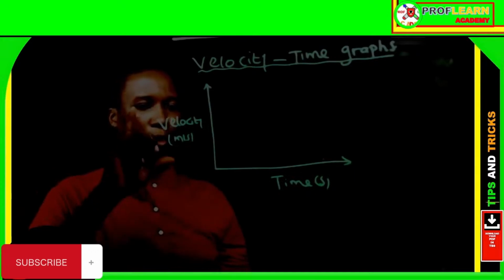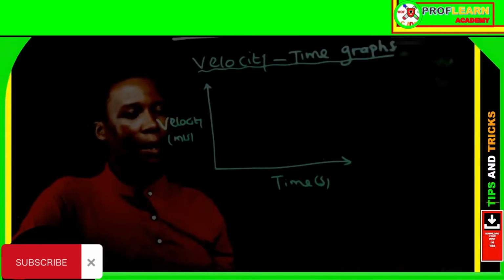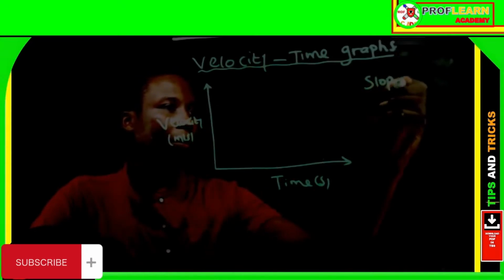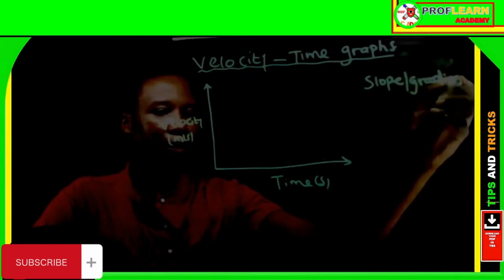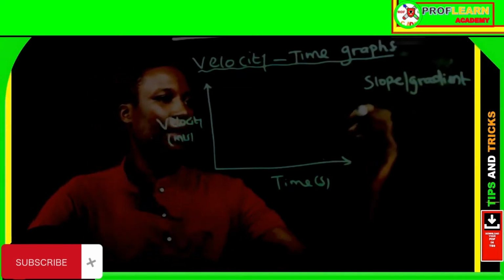Now, we're going to look at two features as far as velocity time graphs are concerned. Number one is slope, or gradient. What does the gradient or slope really mean to us? What does it represent?